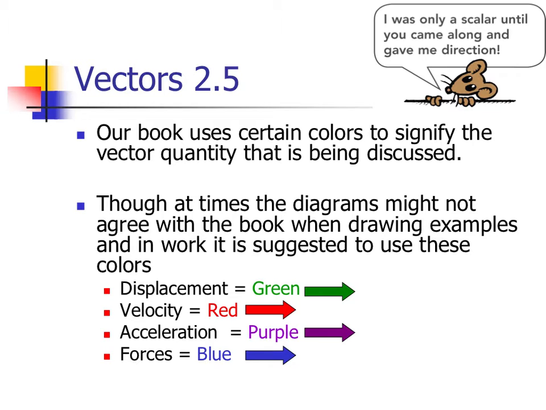Which can be very helpful when trying to remember what is what. So we use silly things like that. Many of you probably didn't catch that the first time you saw Despicable Me. Science teachers did. Add some humor.